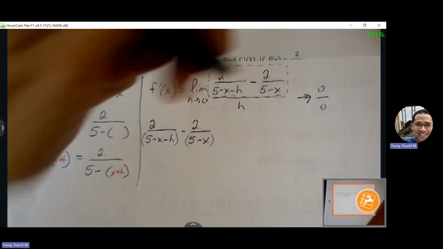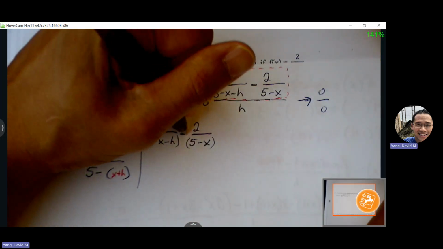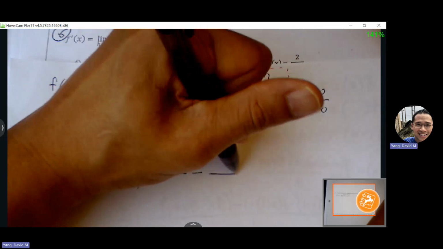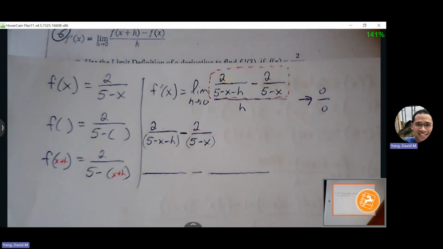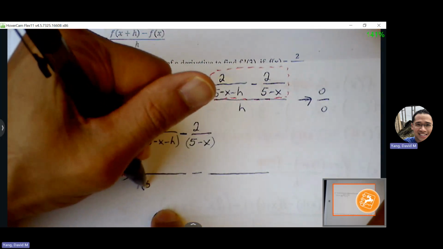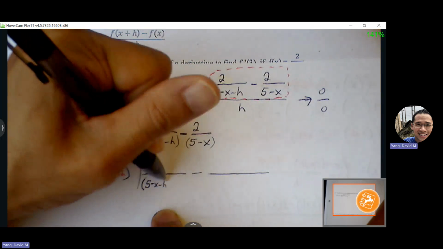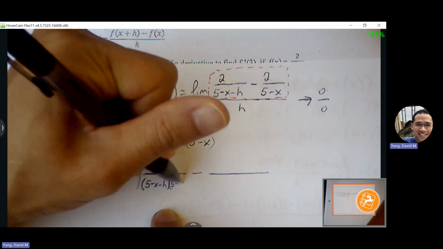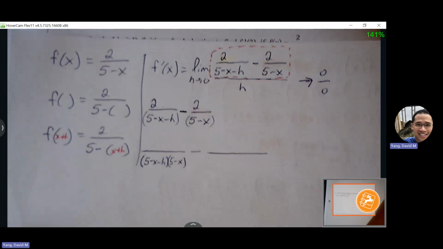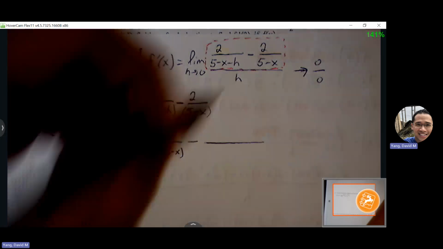So how can I find a common denominator if I have two distinctly different ones? I need to include both of them, right? So my common denominator is both 5 minus x minus h and 5 minus x. It needs to be large enough that both of them can multiply into the common denominator individually.